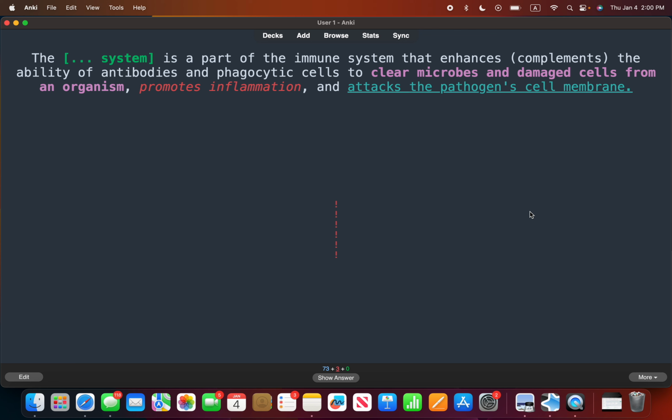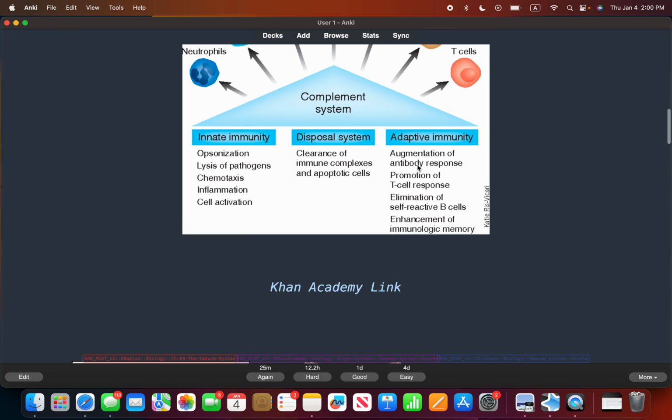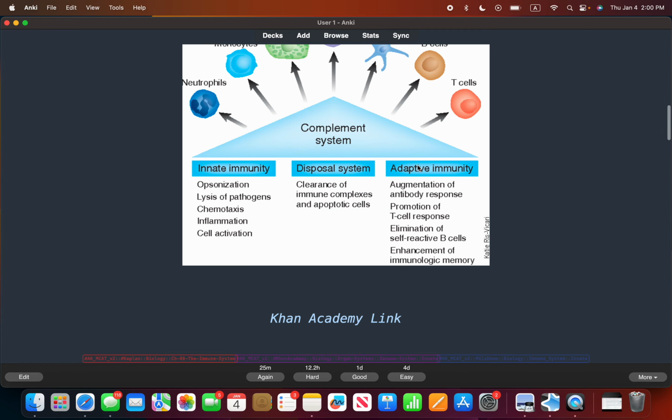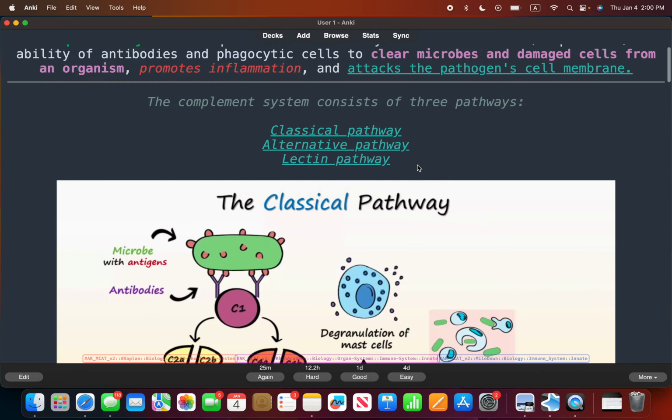They promote inflammation and they attack the pathogen's cell membrane. So it is definitely the complement system that does that. It has the classical pathway, the lectin pathway, and the alternative pathway. You need to understand these.